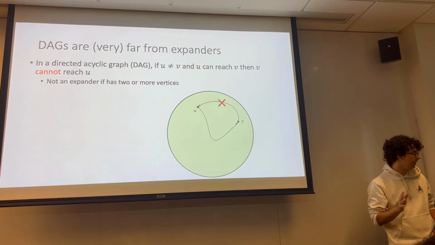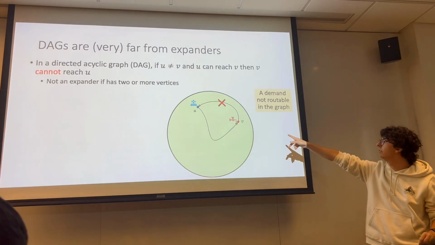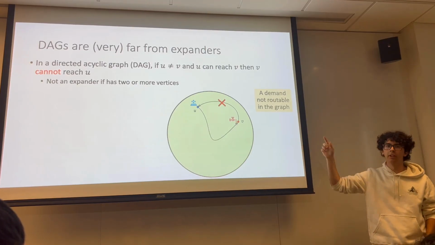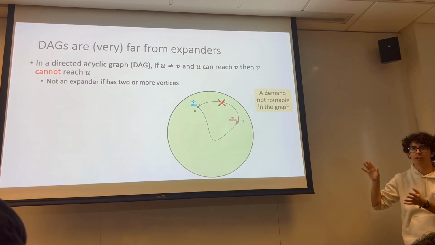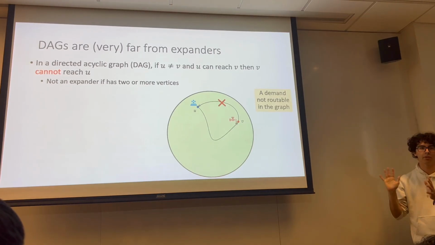So actually this will immediately say that this graph is not an expander if it has two or more vertices. Because if I put a faucet on v and a drain on u, you can't get the water from v to u, if you put no demand anywhere else. It's not even that you can't route it with low congestion, you just can't route it. So these are important non-examples, these are not expanders.